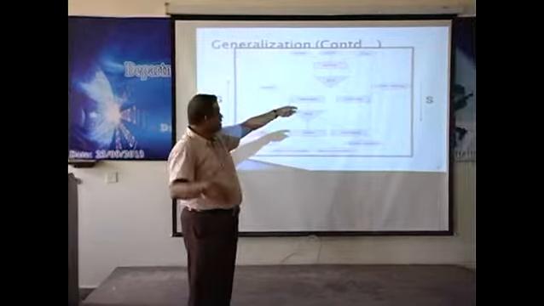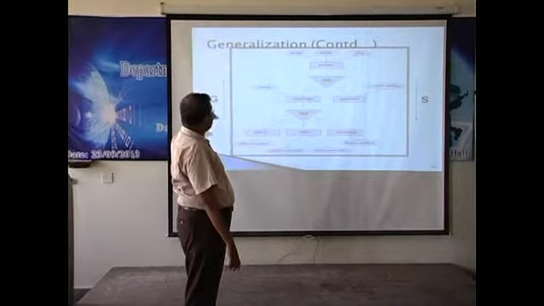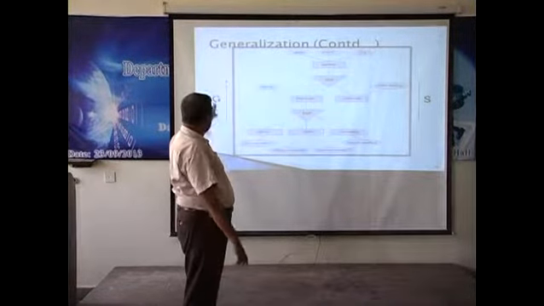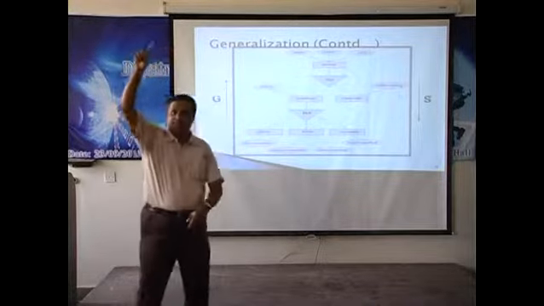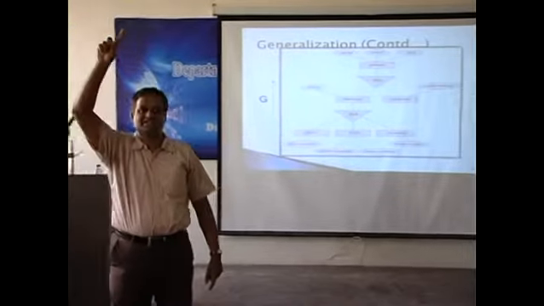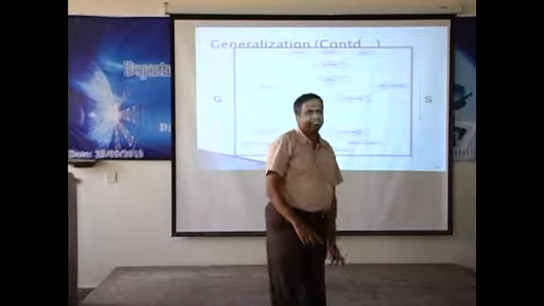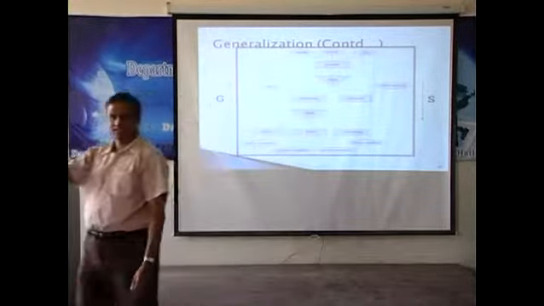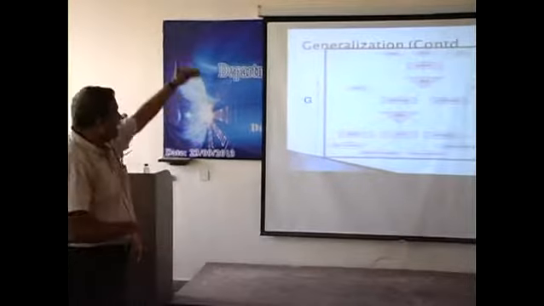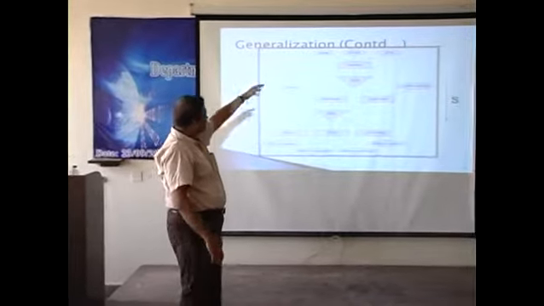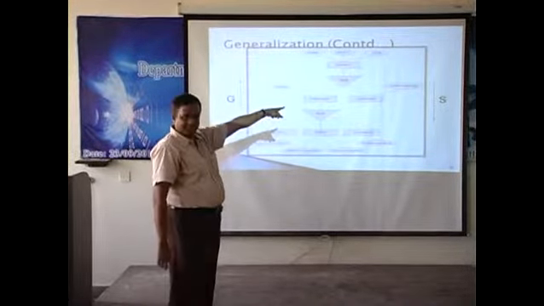So this is what I call generalization. The upward arrow shows generalization. The down arrow shows specialization. Specialization means a person can be an employee or a customer.